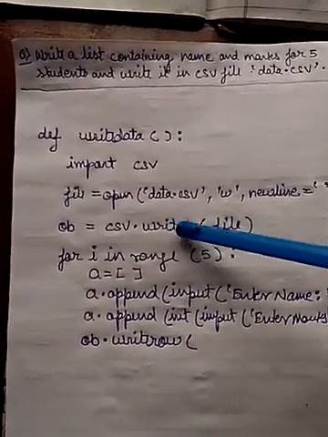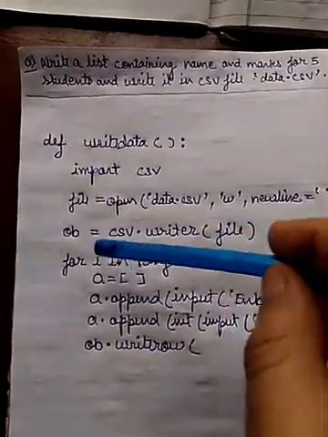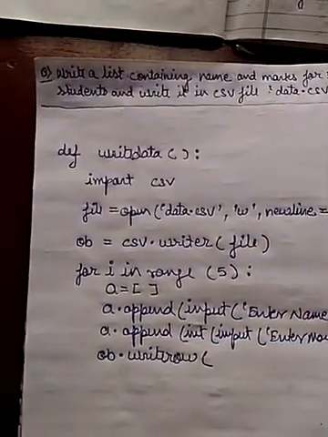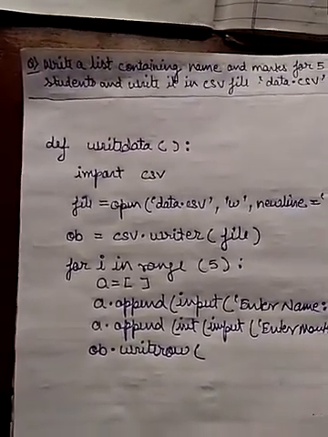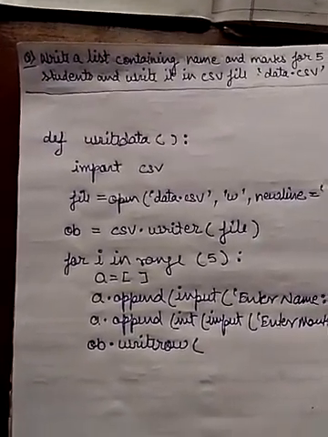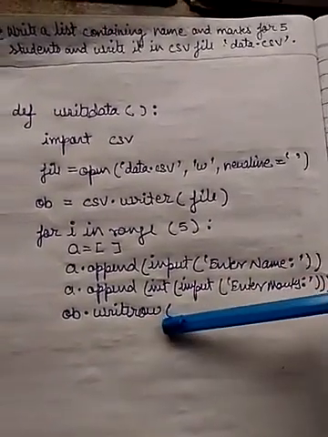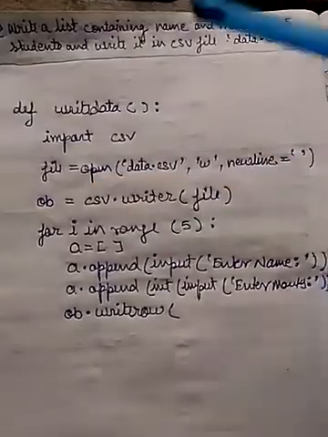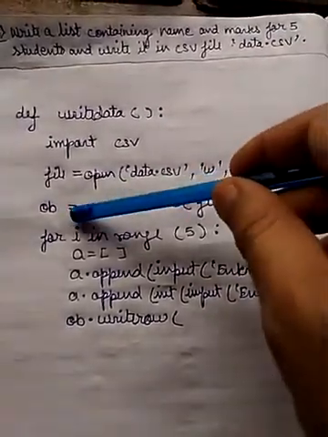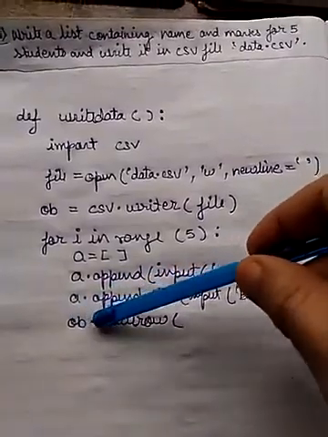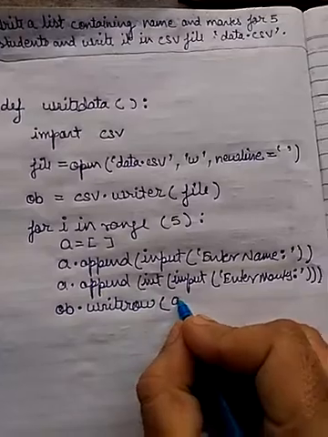That's why function of any class can be called with the help of object of the class. So here OB is the object of writer class which we have already created. Now we are writing the row in the CSV file. So we have to call the function writerow. Writerow function can be called with the help of object of writer, and we have created the object as OB. So OB object.writerow and the list which is required to be written, A.